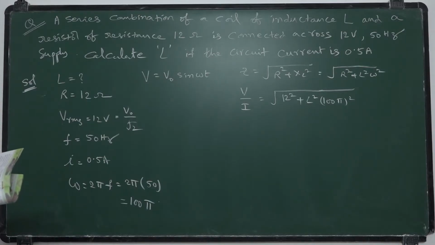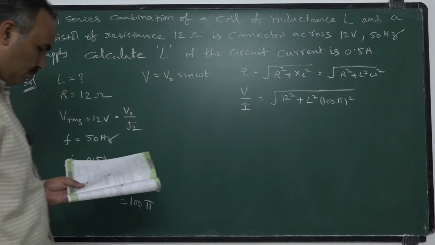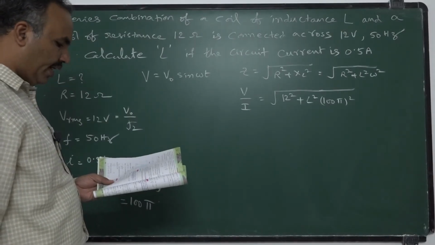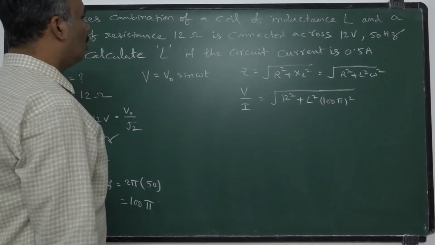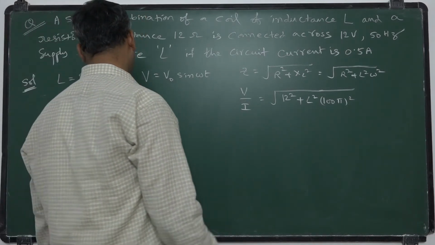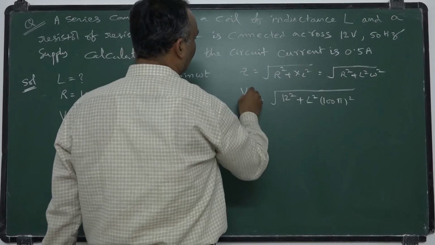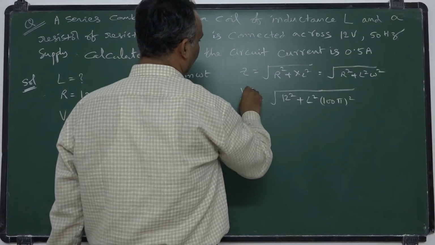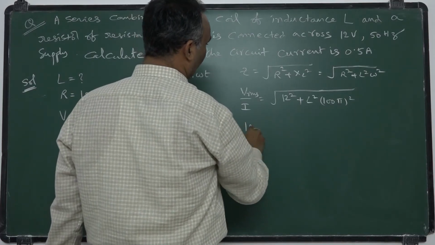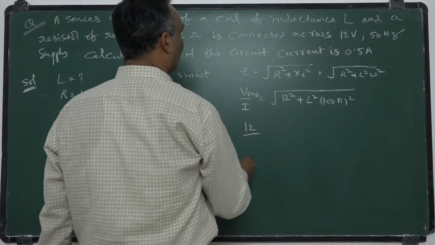So V by I, here V is nothing but VRMS. VRMS value they gave as 12, and the current value they gave as 0.5.